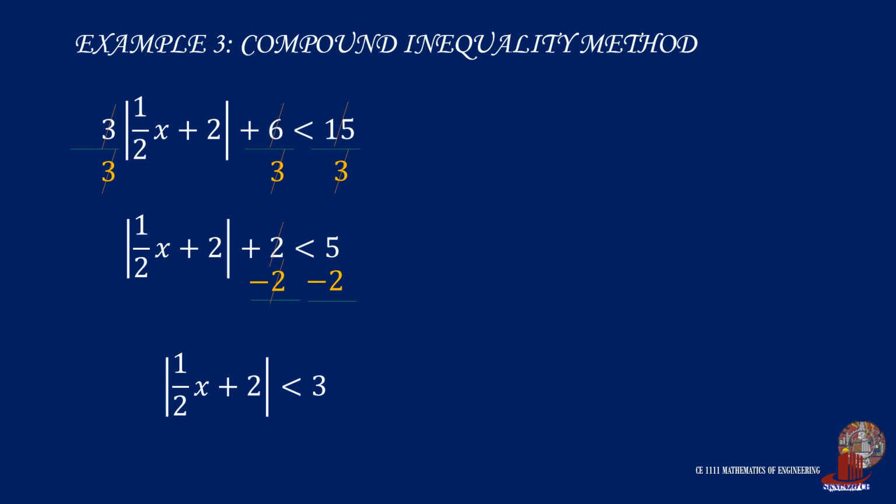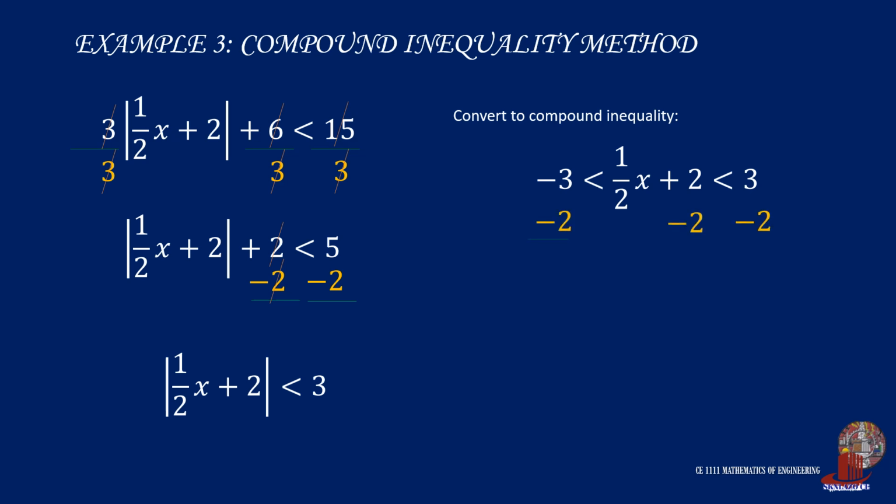Next is to convert the inequality to a compound inequality by placing the inequality with positive and negative 3. Simplification starts by eliminating the constant in the middle term. So we deduct 2 to have negative 5 is less than 1/2 x is less than 1. We can isolate x by multiplying everything by 2, and we get negative 10 is less than x is less than 2.